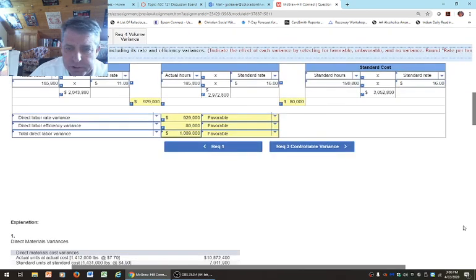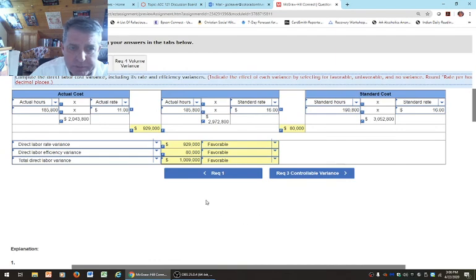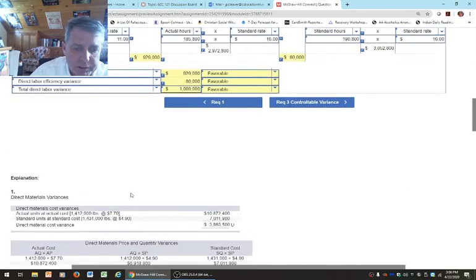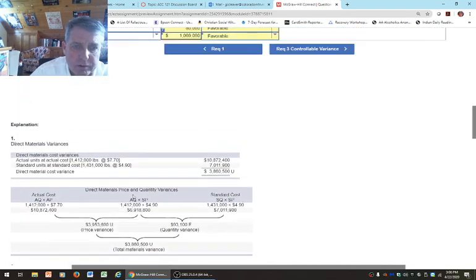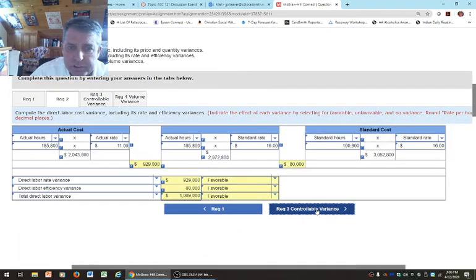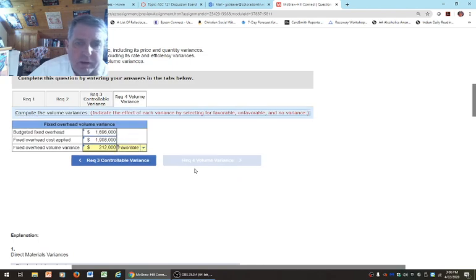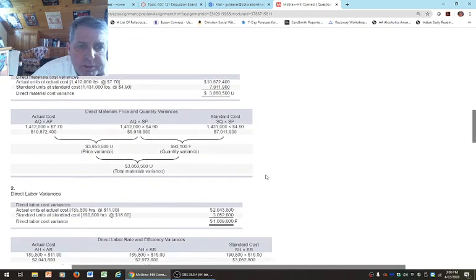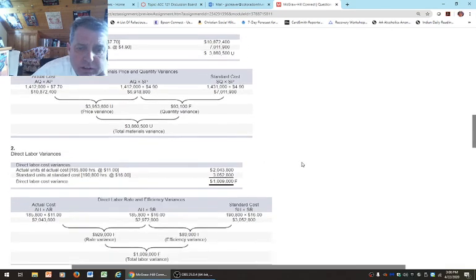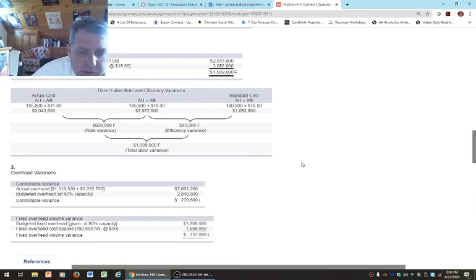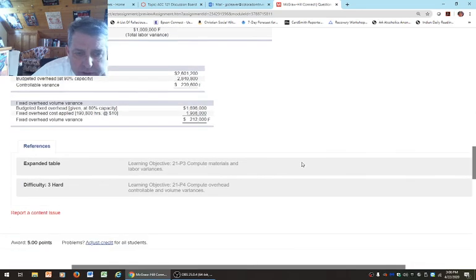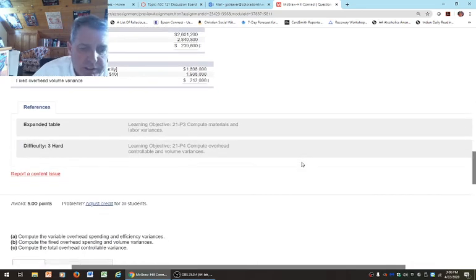Let's look at requirement 2. Same idea. Compute direct labor costs. Well, I'll show you that after. Let me show you these 3 controllable variances. And 4. Here's the explanations. 1, 2, 3, and of course 4 doesn't need any explanation.